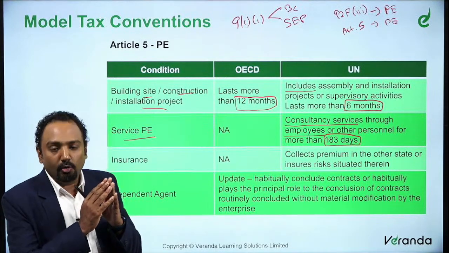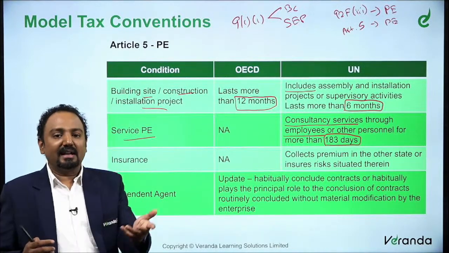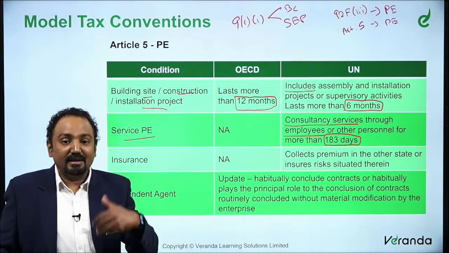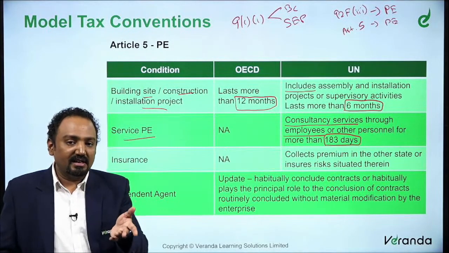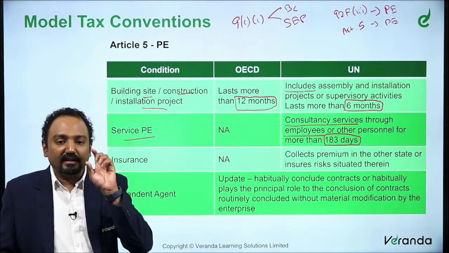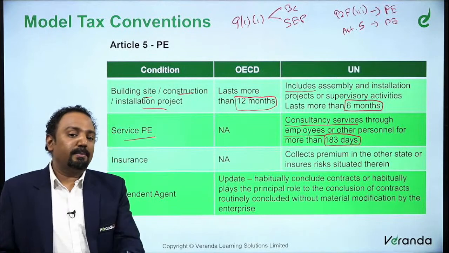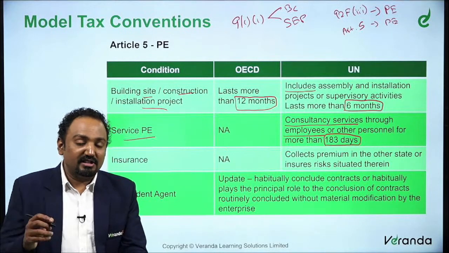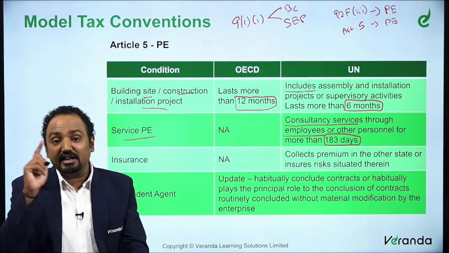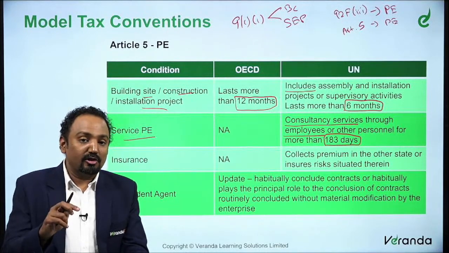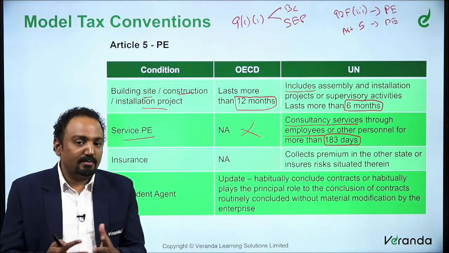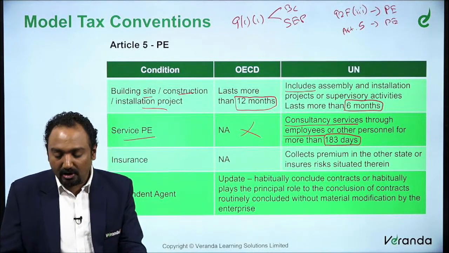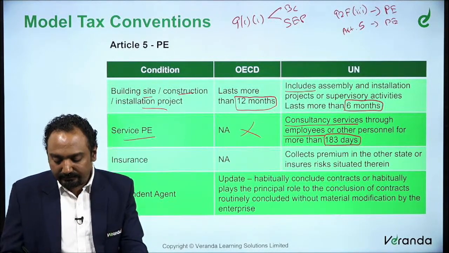UN says if you are sending an employee to another country, letting him stay there for 183 days or more, then automatically they become a service PE of that particular entity. This is what is defined for service PE in the United Nations template. In the OECD template, the concept is not available.